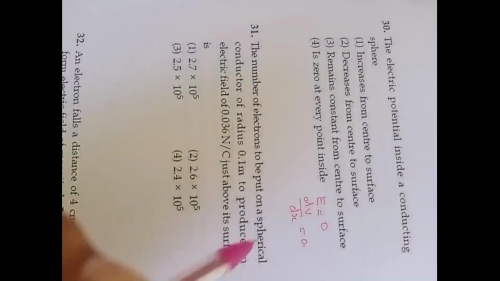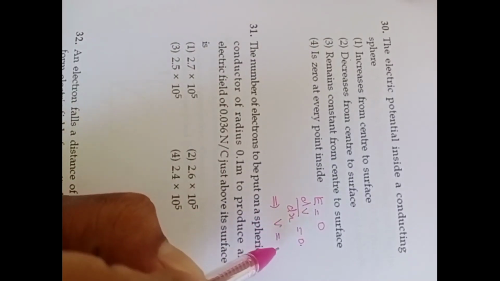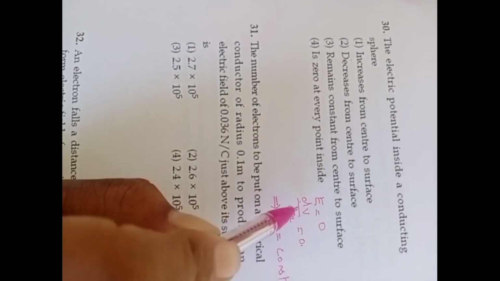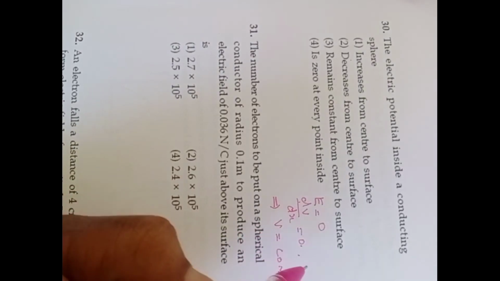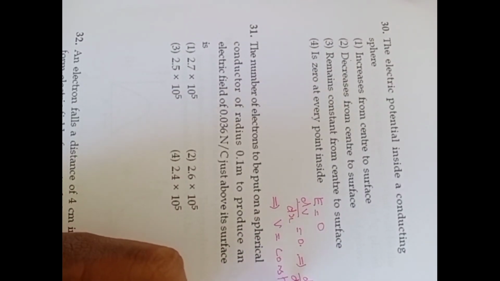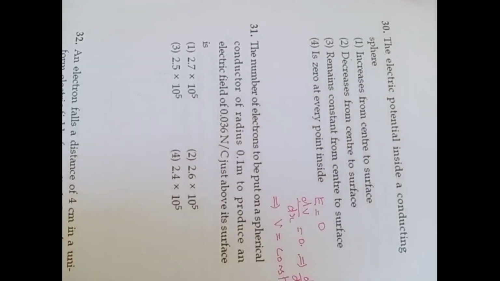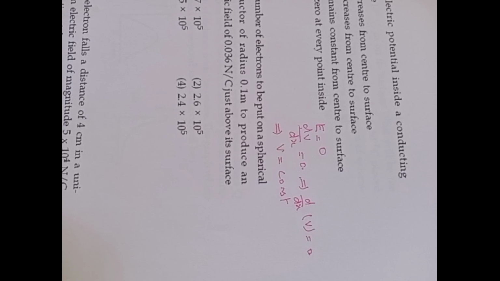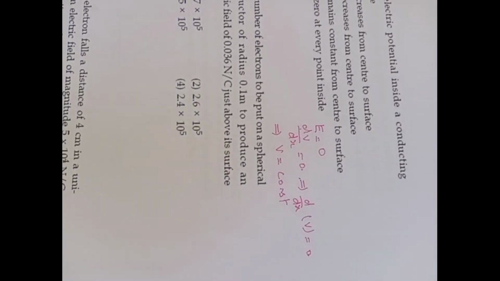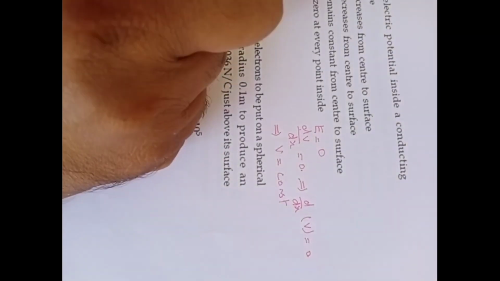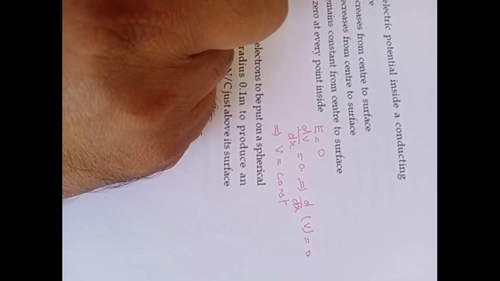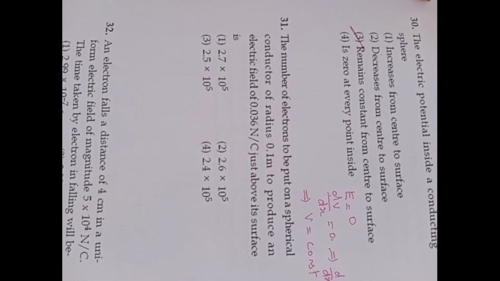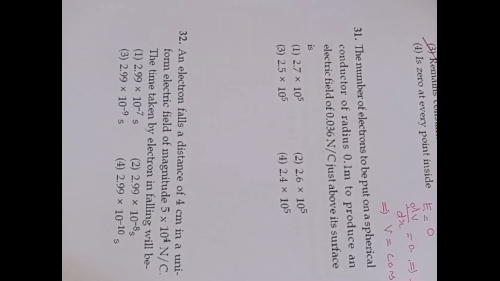From this, something's differentiation is 0, then V is equal to constant. So inside the sphere there will be no electric field, so potential remains constant from center to surface.